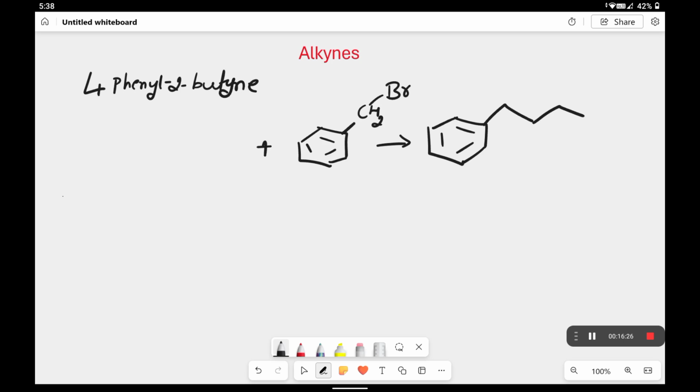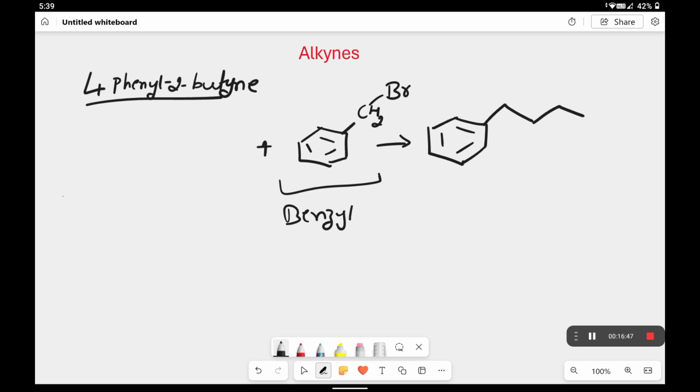Okay, let's solve this problem. How will you synthesize 4-phenyl-2-butene by using this compound? What is this compound? That is called benzyl bromide. What is the problem?